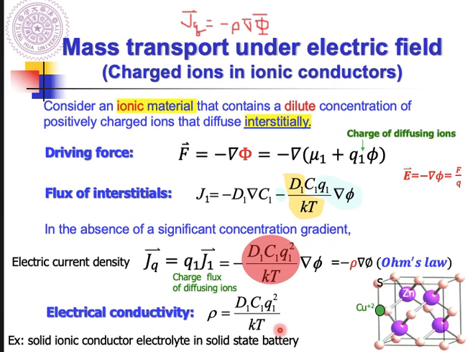So what you can do here is think about how to increase the diffusivity, or increase the concentration of this positive charge ion, or increase the charge carried on this ion, or increase the temperature. These are some comments or suggestions to help you know how to increase the electrical conductivity of the ionic material.